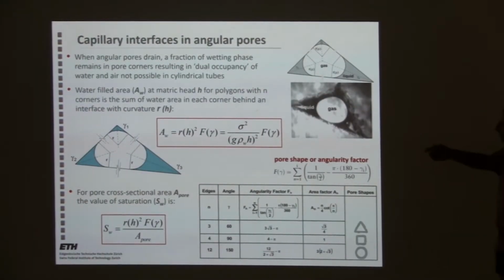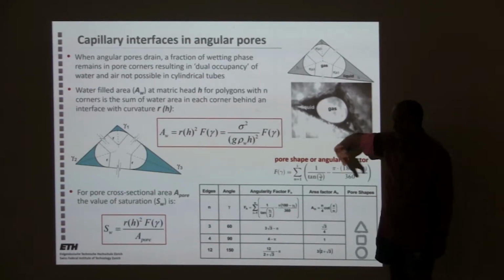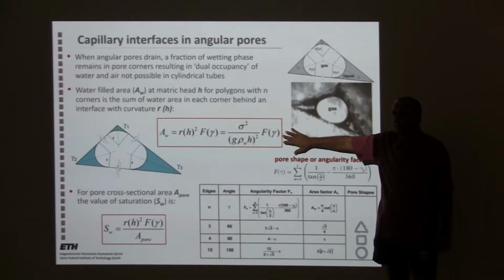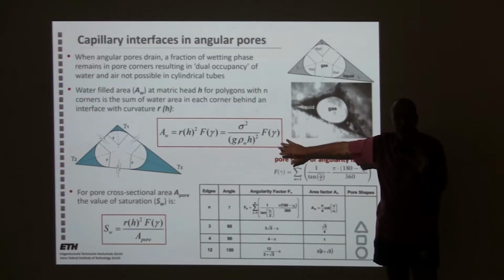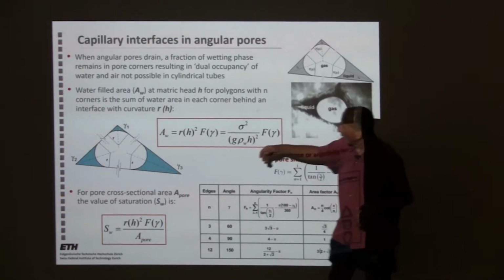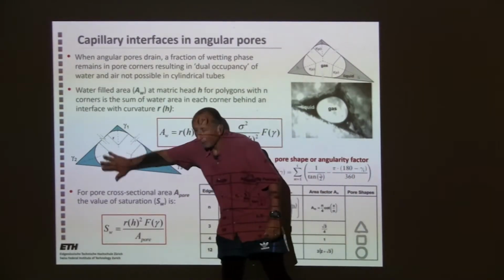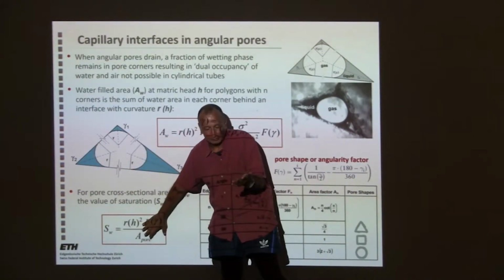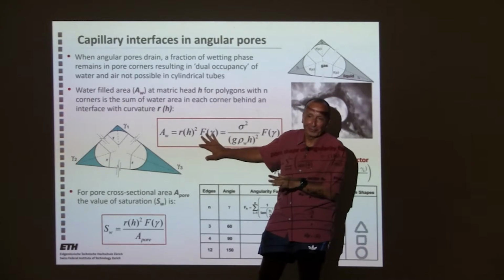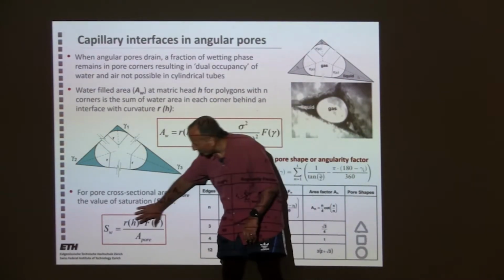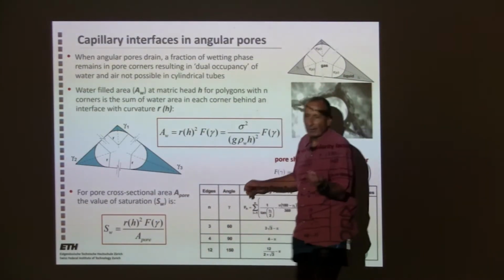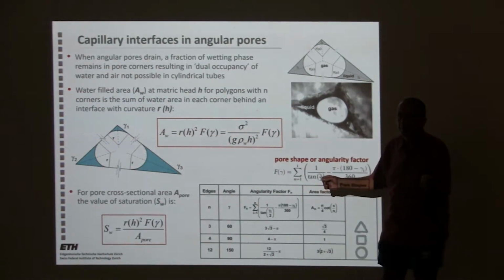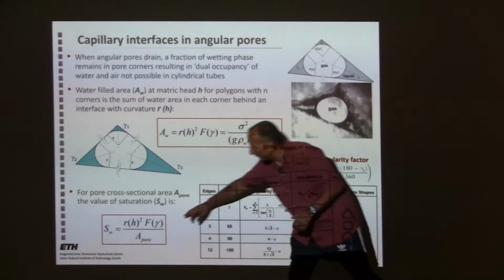You absolutely don't need to attempt to remember this slide. It is just to make a comment that I can calculate the saturation of a capillary of any regular geometry, because otherwise it's a bit complicated, based on the ambient capillary pressure and some geometrical factor.